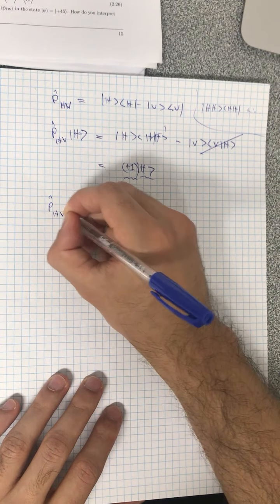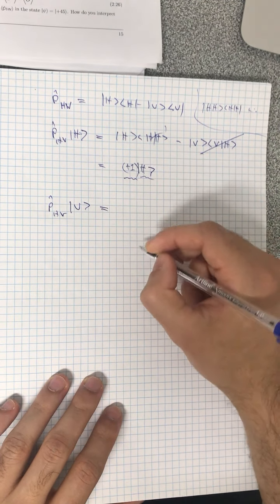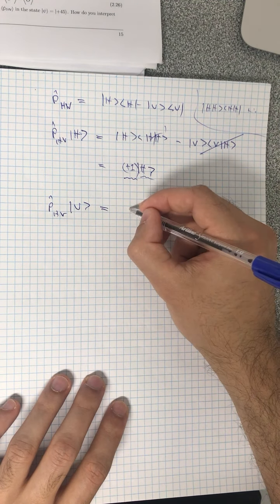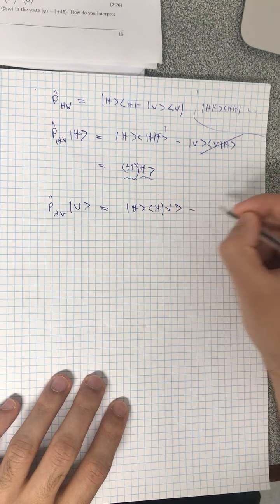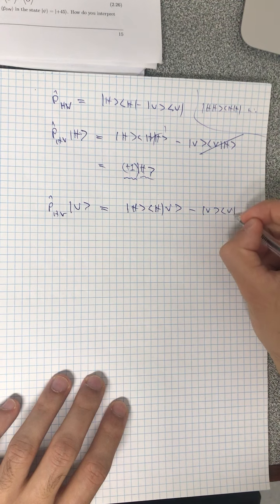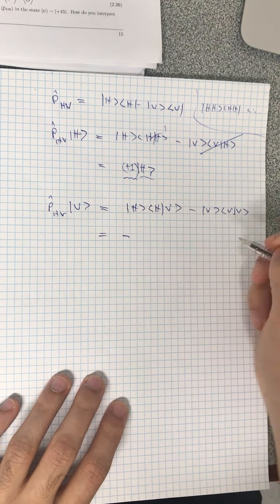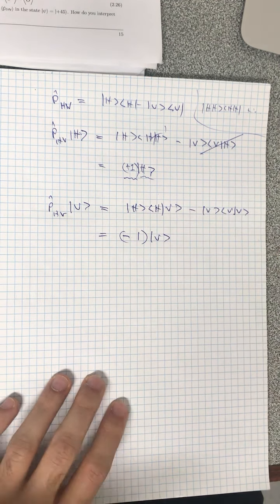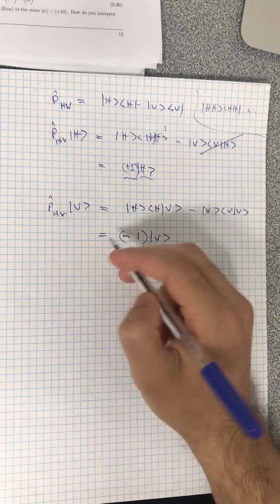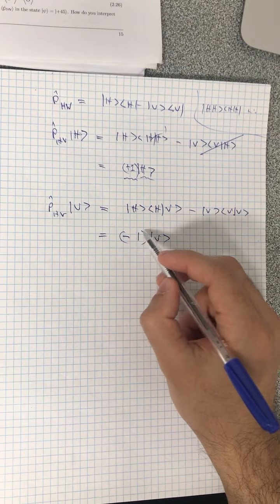How does PHV operate on V? Well, it gives you HV minus V equals negative 1 times V, okay? So that's another eigenvector, and the eigenvalue is negative 1.